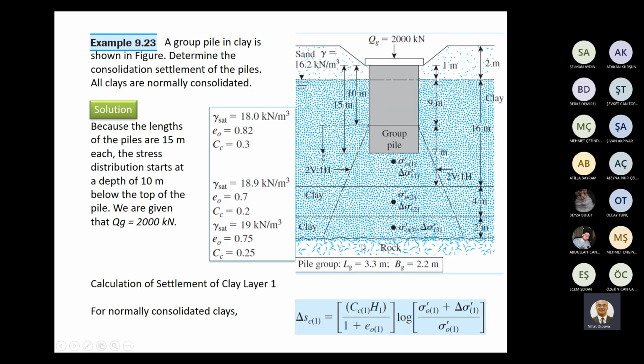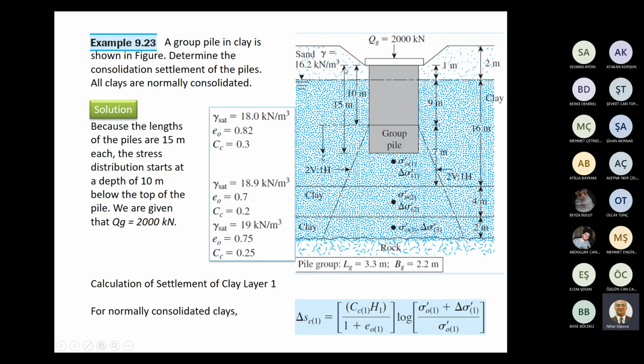What else do we need? Block dimensions are given, pile group dimensions, 3.3 meter and 2.2 meter.